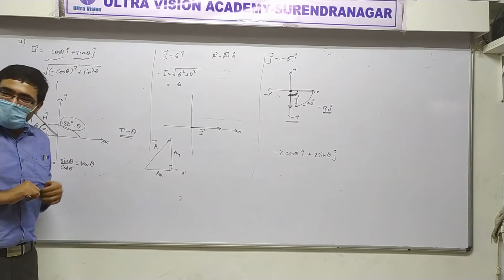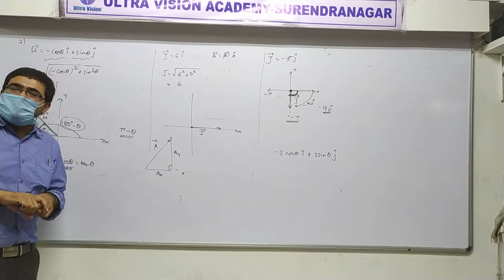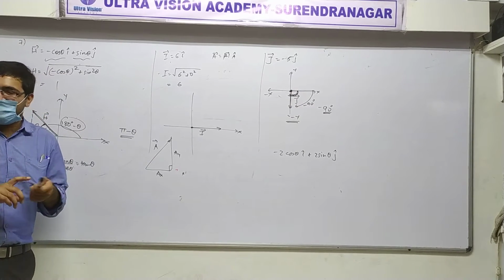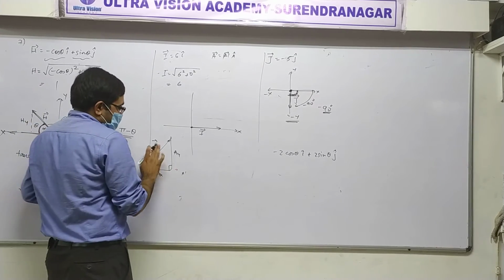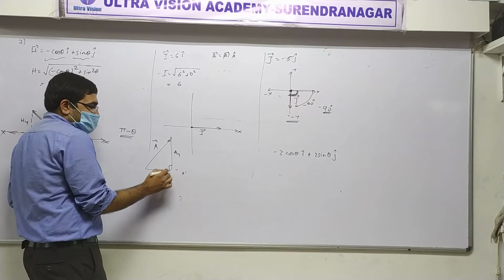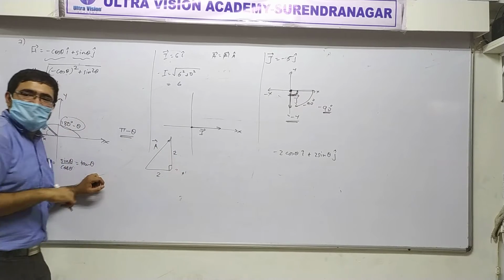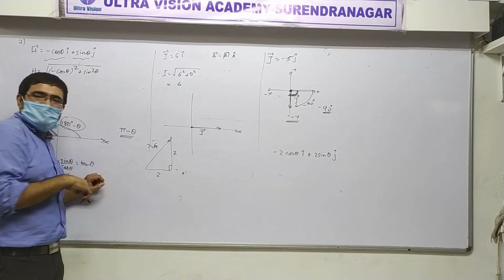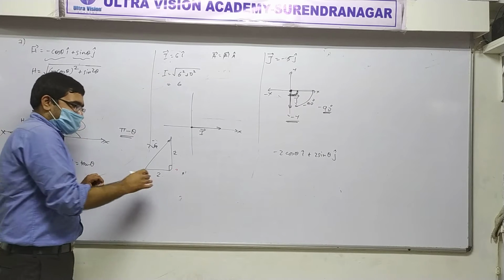So I find it impossible that Pythagoras theorem can give a different answer, because this formula itself is the Pythagoras theorem. I see what mistake you have made. What you have done is you have written 2 here and you have written 2 here. And then when you took the magnitude, you got 2. Correct or not?